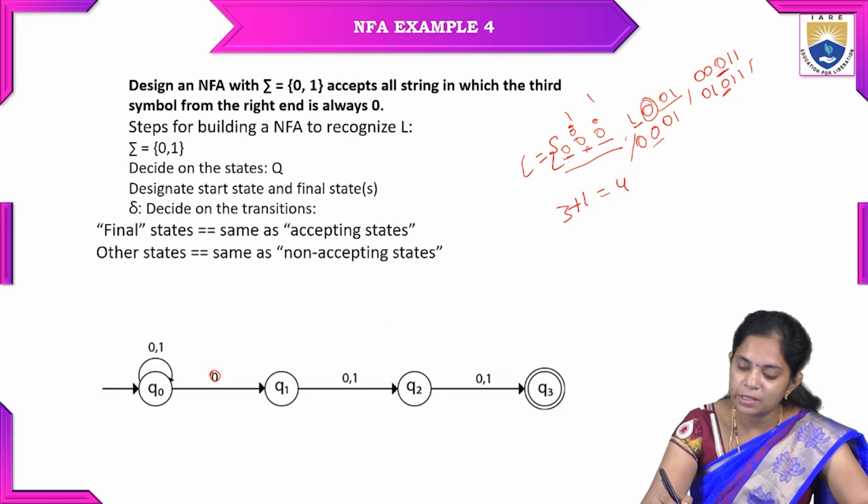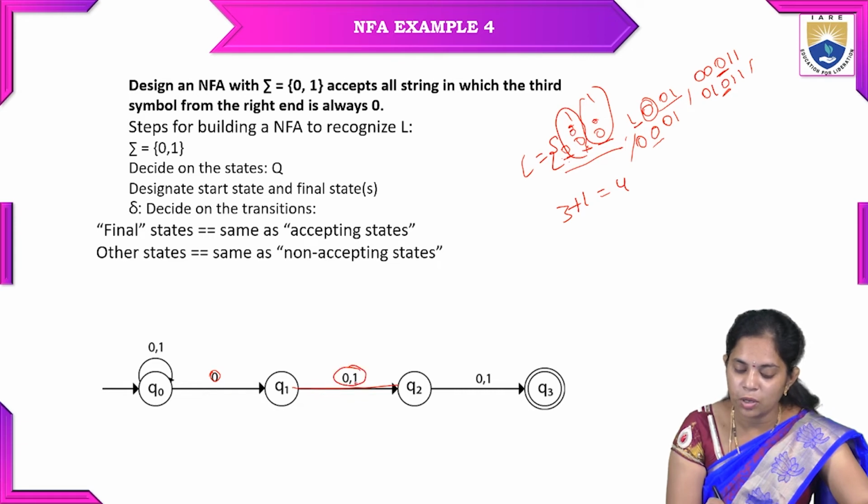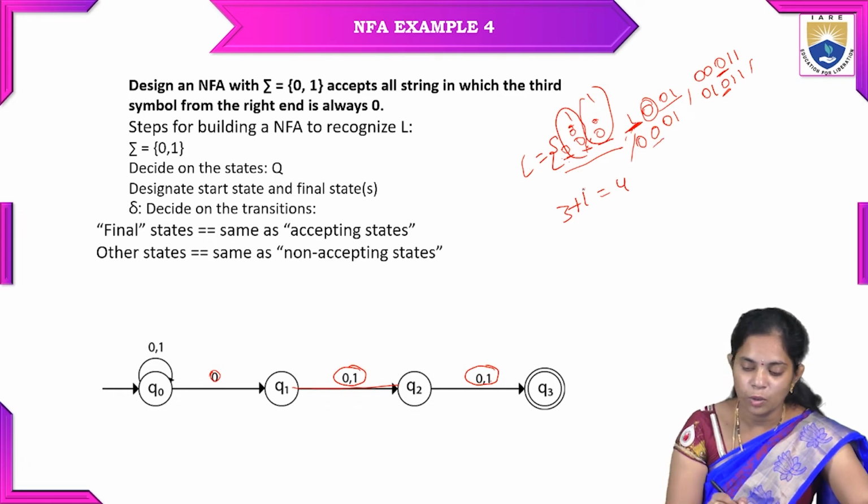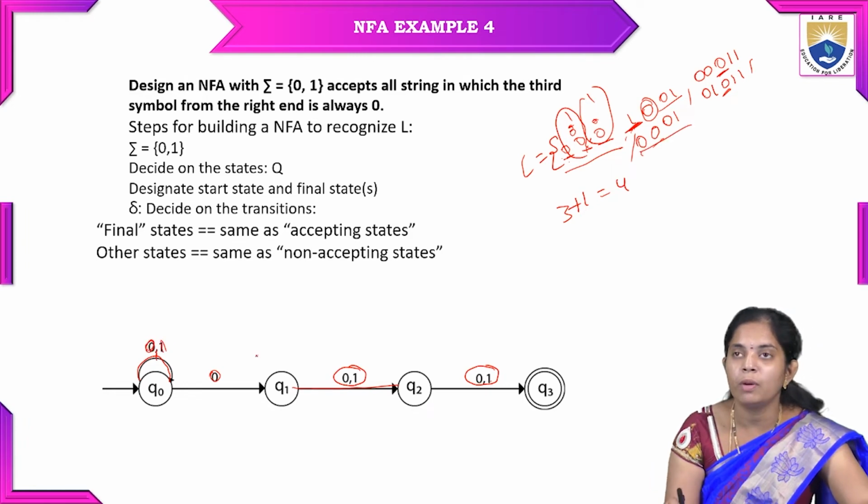And we represent these conditions with the same representation, where we can add 0, 1 and 0, 1. Next, if the symbol from the right end is 1, it should be satisfied with 0, 1. And if it is a 0, it should be satisfied with this 0, 1.